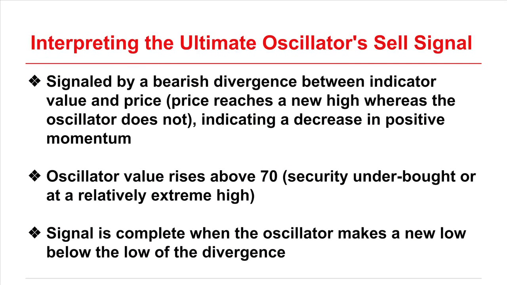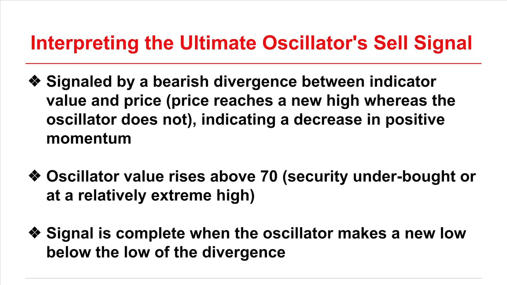The sell signal is, to some extent, the converse of that buy signal. It is signaled not by a bullish but a bearish divergence between indicator value and price. So price has reached a new high, whereas the oscillator has not, indicating a decrease in positive momentum or buying pressure.